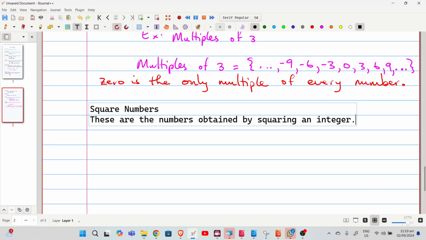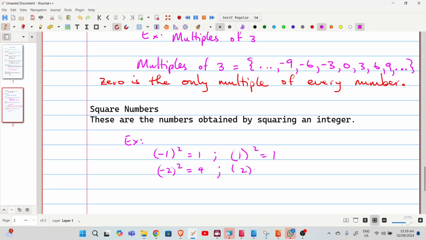So for example, if we have -1 and we square that, we're going to get 1. Let's say we have 1 and we square that, we're going to get 1. If I have -2 and I square that, I'm going to get 4. If I have 2 and I square that, I'm going to get 4 as well. All right, so just follow that pattern and you'd realize that negative numbers multiplied by negative numbers is going to give you a positive number.